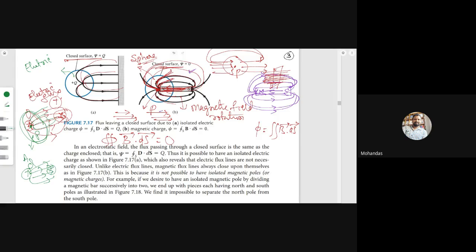If there is no negative charge, they terminate at infinity. Those flux lines never come back to the plus q.